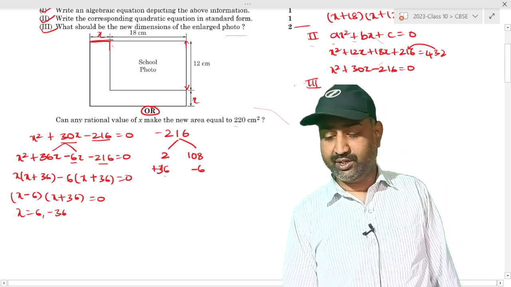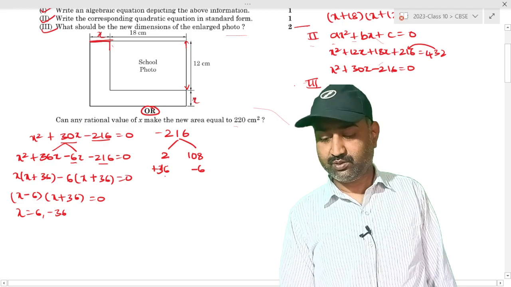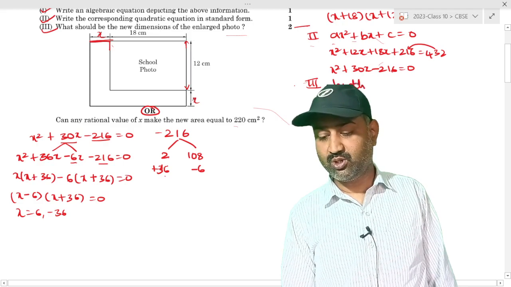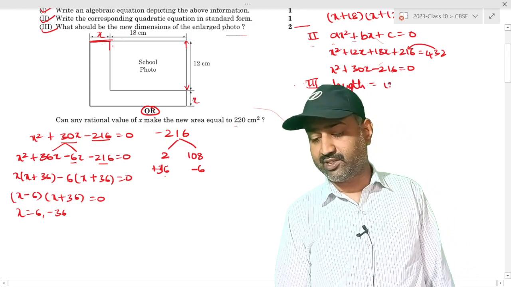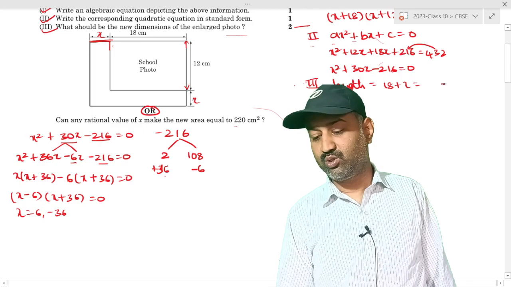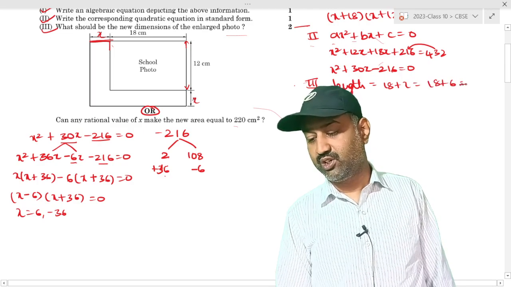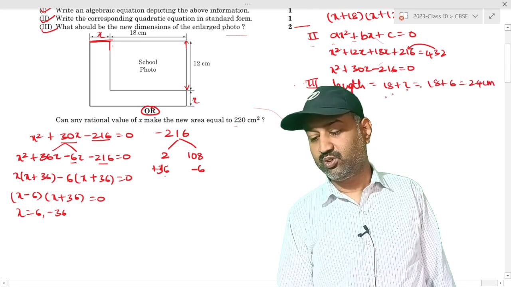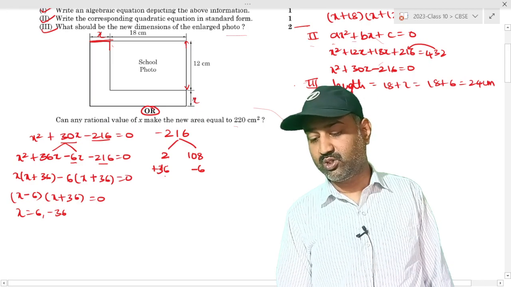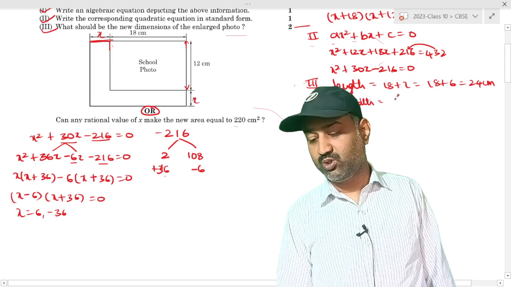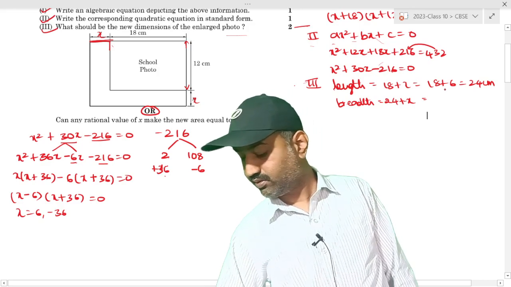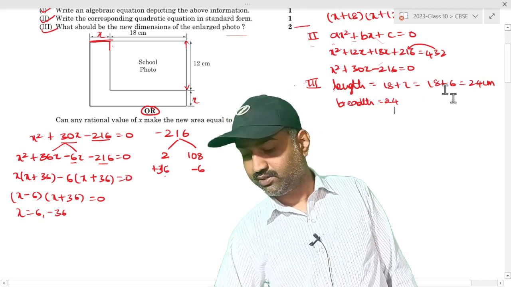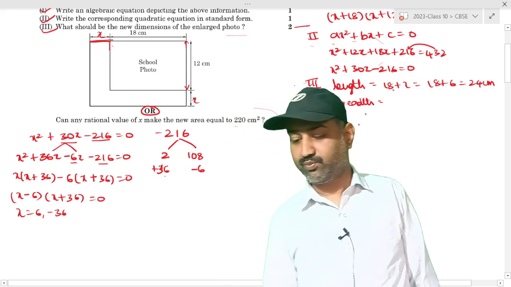Therefore, the new length is 18 centimeter originally. 18 plus x is equal to 18 plus 6 is equal to 24 centimeter. The new breadth is 12 plus x.